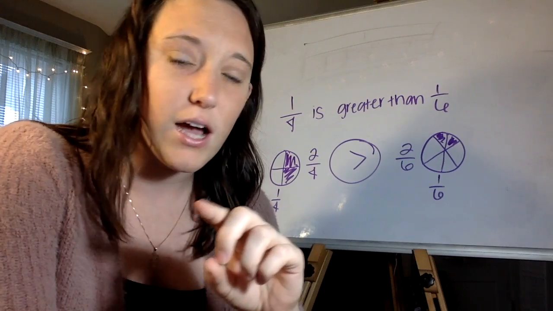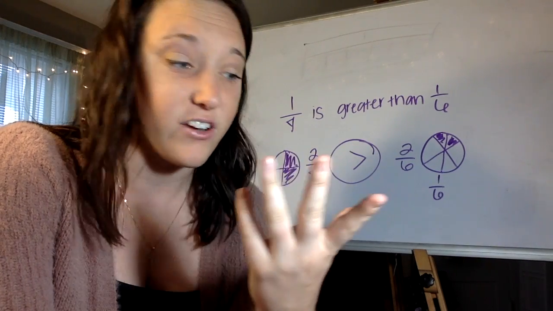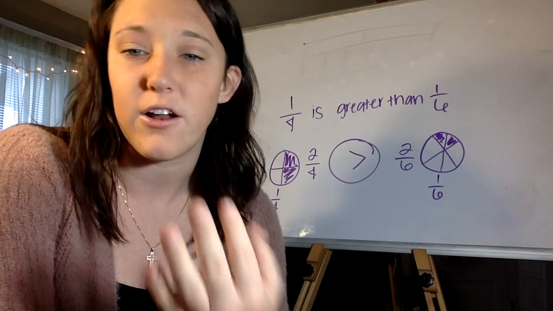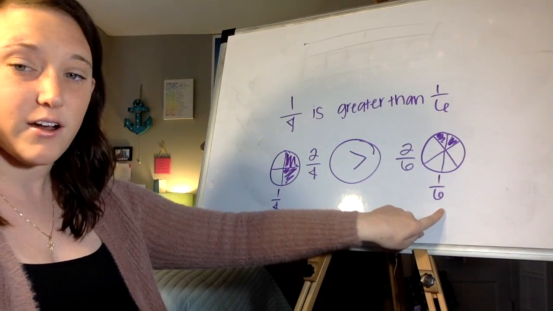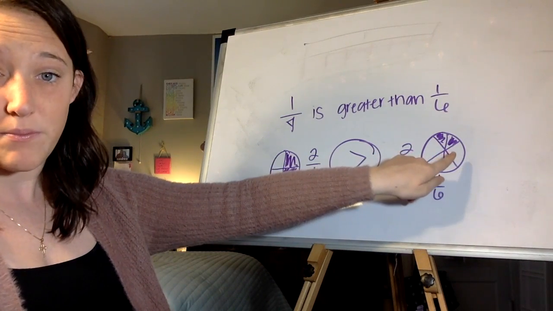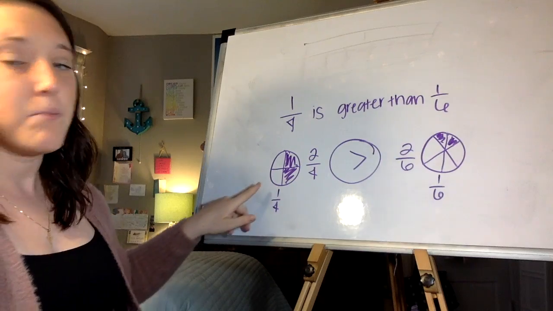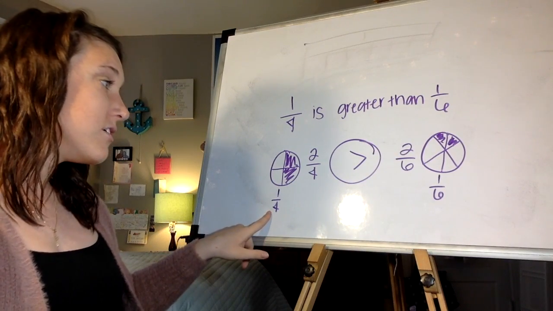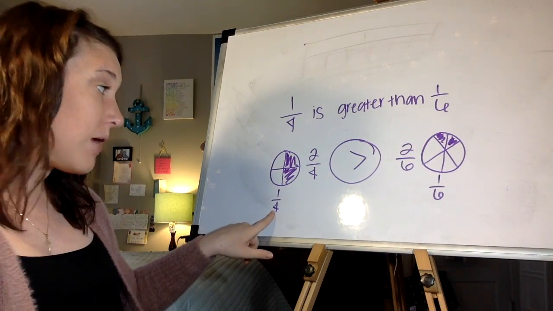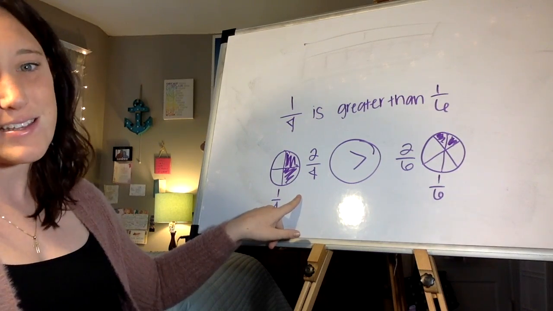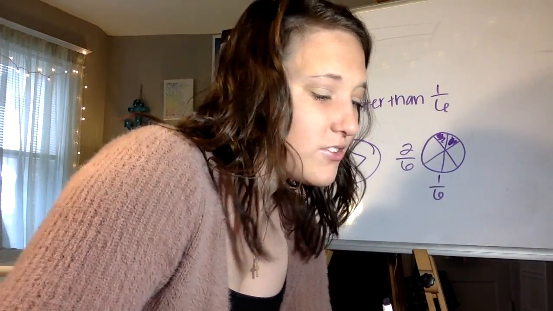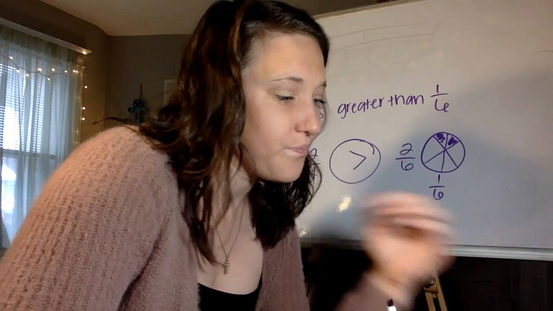So the greater the denominator, the smaller the fraction. 6 is the greater denominator, but look how small your pizza pieces are compared to the fourths, which is a smaller denominator, but look how big those pizza pieces are. So you're going to color and shade.